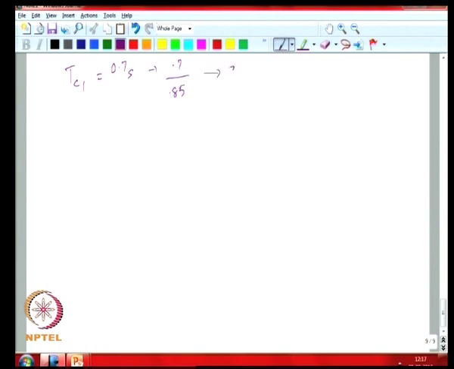So, it is actually about 82.8% of your trip time. So, in this particular case it is advanced to 82.8%.